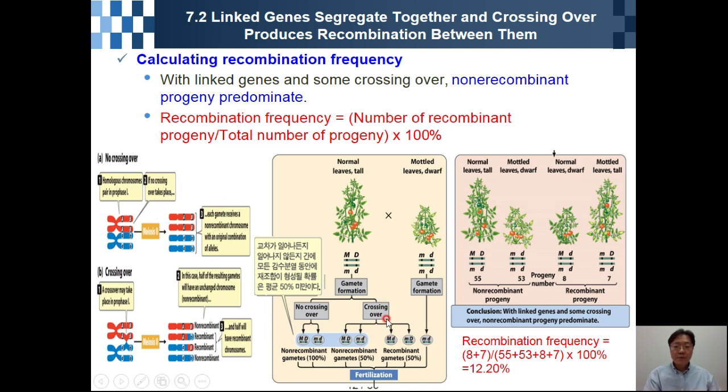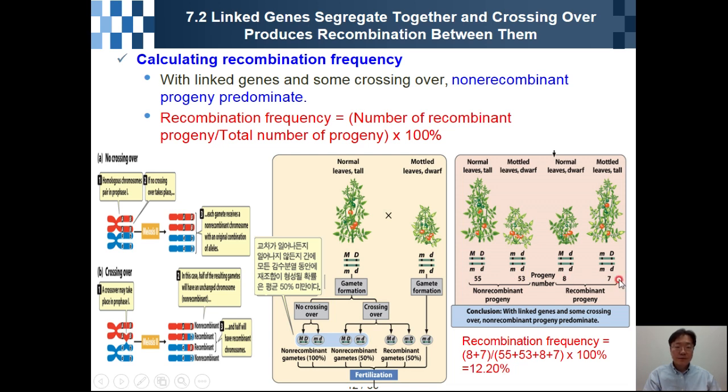When crossing over happens, 50% will show non-recombinant and 50% will show recombinant. So the genotype will be like this. One is non-recombinant, one will be recombinant like this. After that, we did the test cross, and we have the progeny, the numbers are like this.